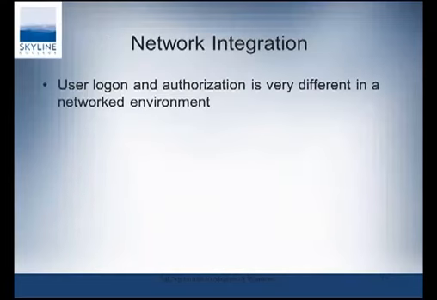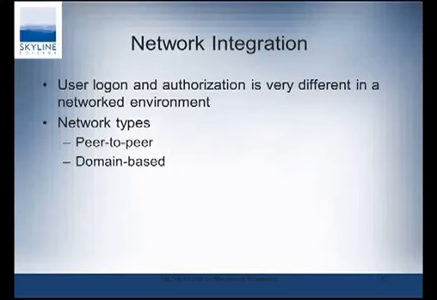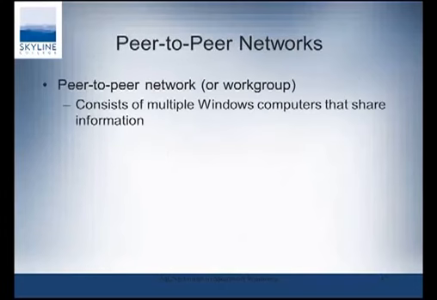Nothing really magic there. Logon authorization, network types: peer-to-peer and domain-based networks. Domain-based has mandatory secure login, mandatory secure Control-Alt-Delete. Once you join a machine to the domain, you don't have any of the other options. Peer-to-peer is a computer-to-computer network.